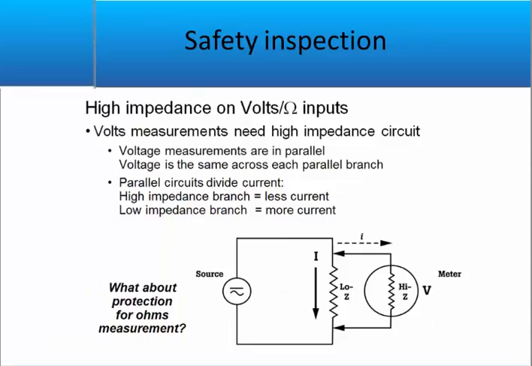As mentioned before, measuring voltage relies upon very little loading down of the circuit, so it has to be a high impedance. Make sure that you do have at least some current flowing through it, even though it is high impedance.